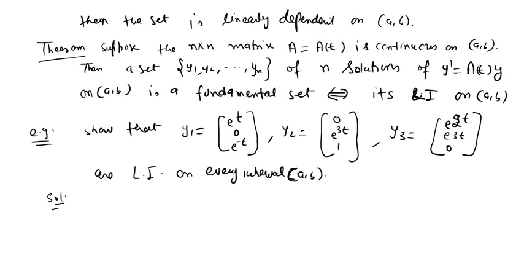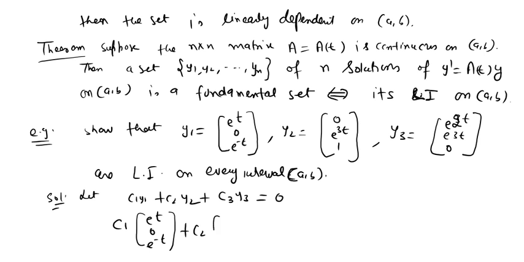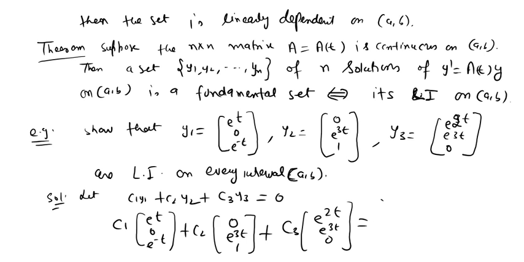We write the linear combination c1 y1 + c2 y2 + c3 y3 equal to 0. So c1 y1 is the column vector (e^t, 0, e^{-t}), c2 y2 is (0, e^{3t}, 1), and c3 y3 is again a column vector, and the right-hand side is also the 3 cross 1 zero matrix.